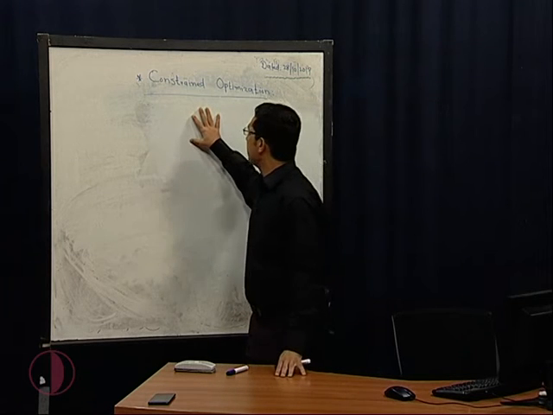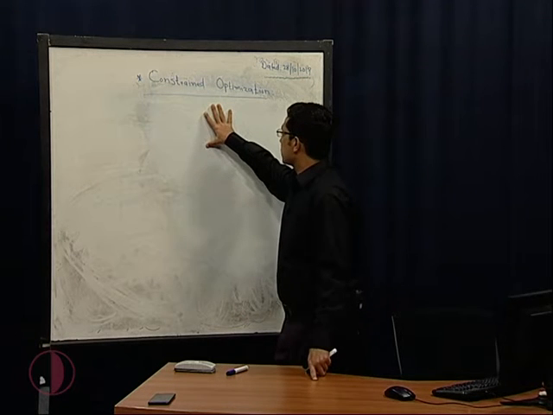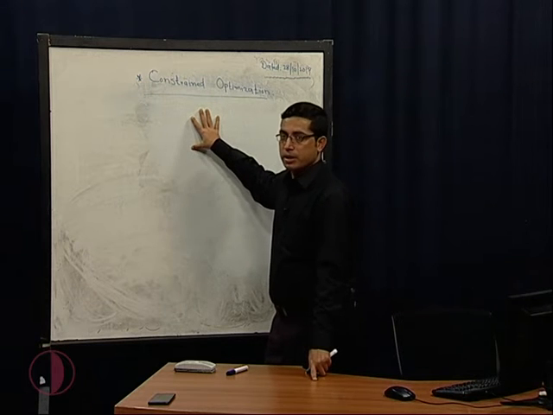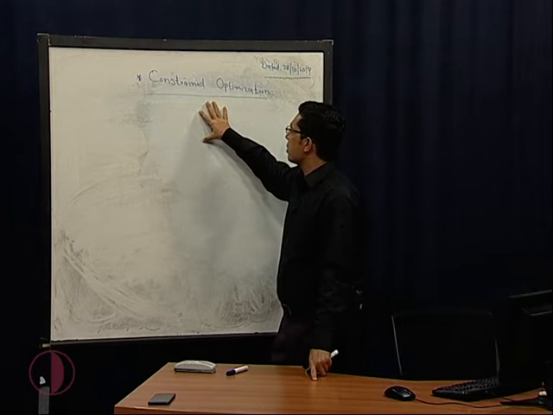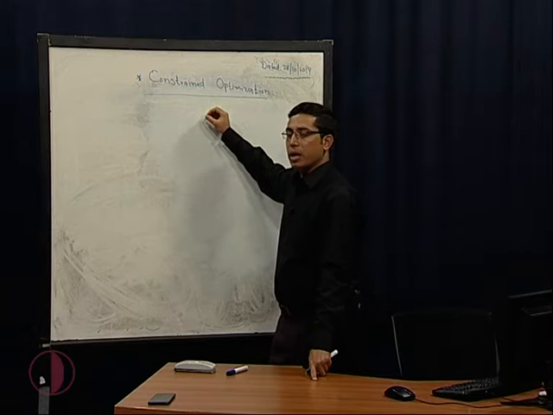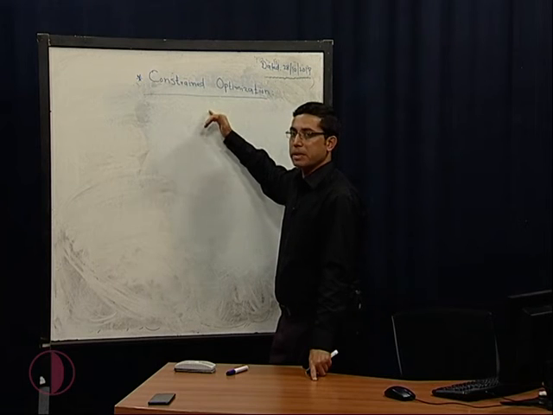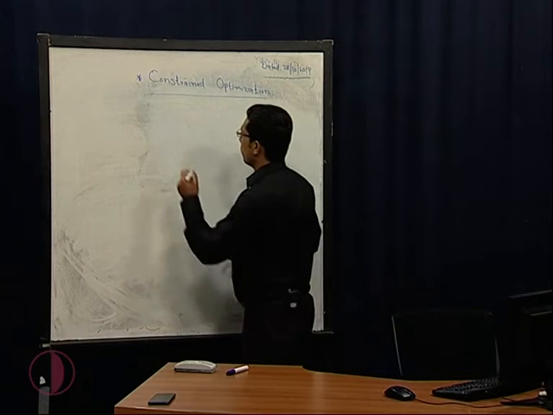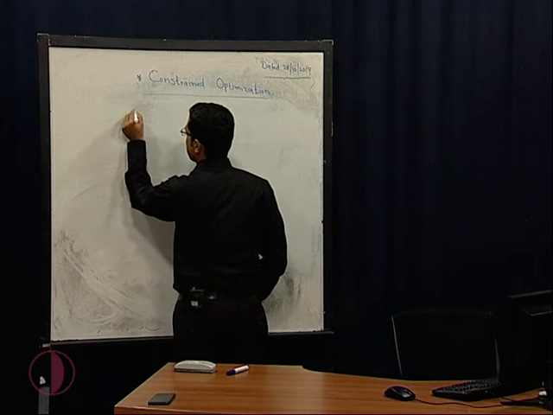In this topic, we will cover how the business firm, if it has constraints, can maximize its profit or minimize its cost. So, constraint optimization will cover two main points.